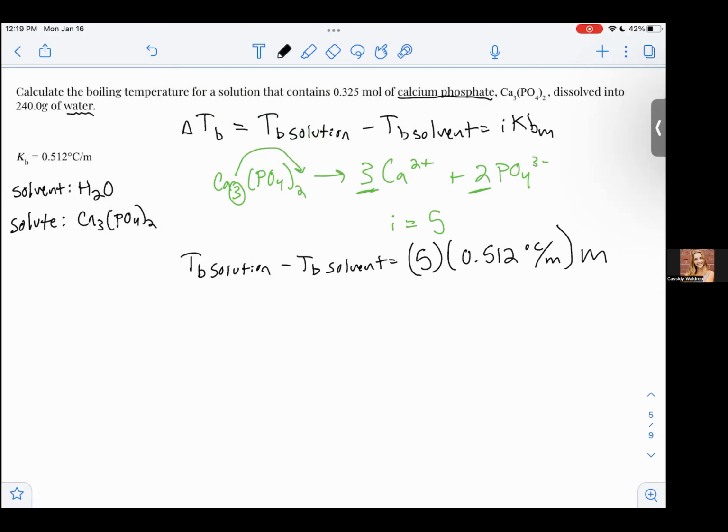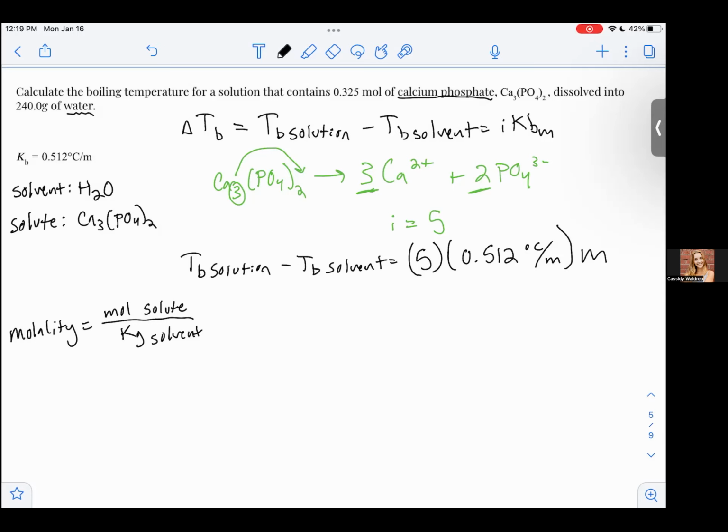That's molality. Okay, our molality is going to be something that we're going to have to write out like this. It's our moles of solute over our kilograms of solvent. Make sure you're not using molarity because that could get you messed up real quick.